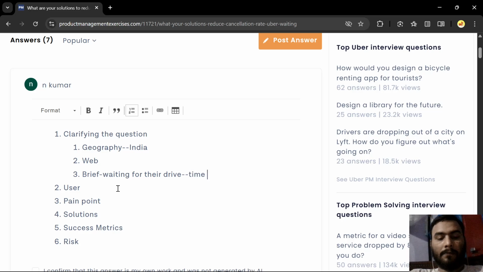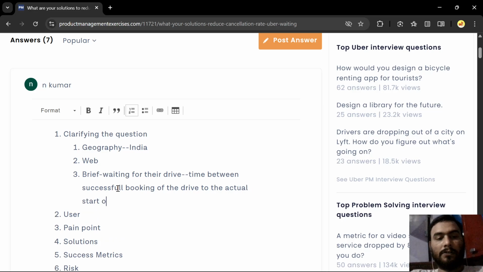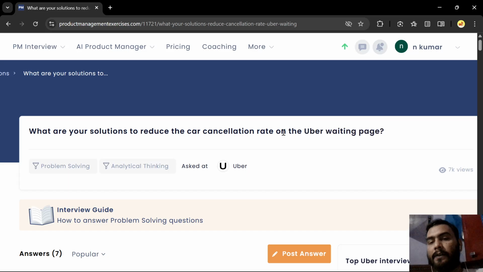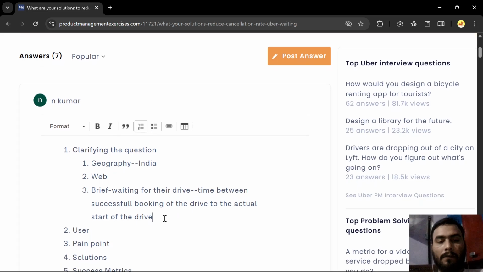The time between successful booking of the drive to the actual start of the drive. So this is the waiting page that a user sees. So we need to reduce the car cancellation rate.